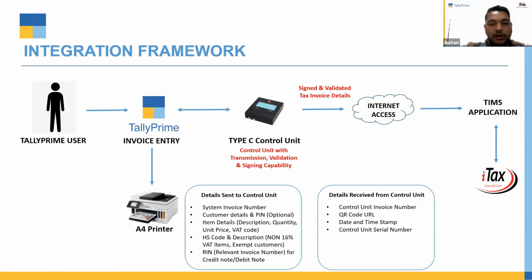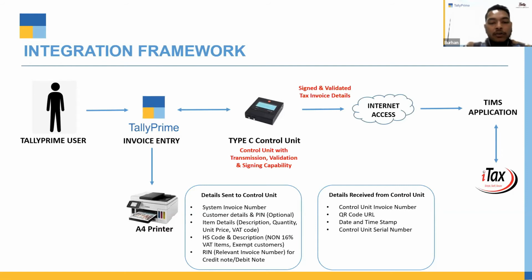You get your QR code and everything. And then from the type C, with access to internet, it will go directly to the KRA iText portal. The Teams application will go directly to the KRA portal. And you can see your sales or your transaction directly through the KRA portal in real time or after some time.